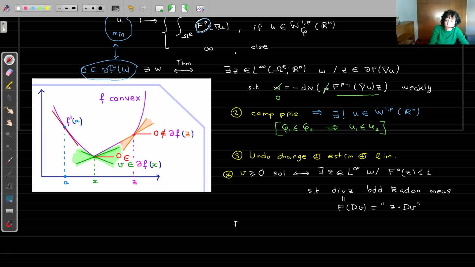And then you have to verify the boundary conditions for your solution. That will be that b equals 0 almost everywhere with respect to the H^{n-1} measure on the boundary of Ω, and then that you have a proper solution, so b going to infinity as x goes to infinity.